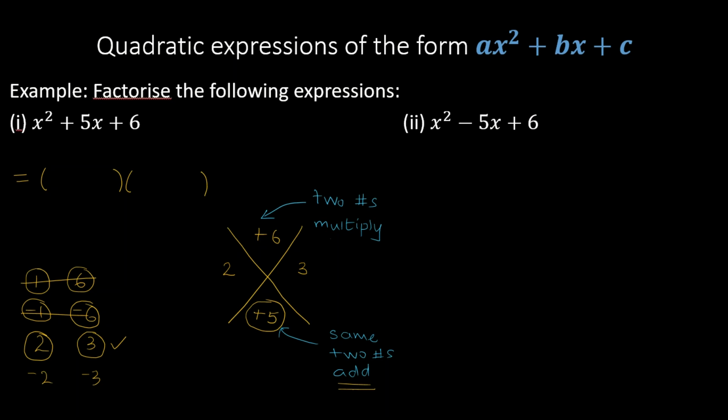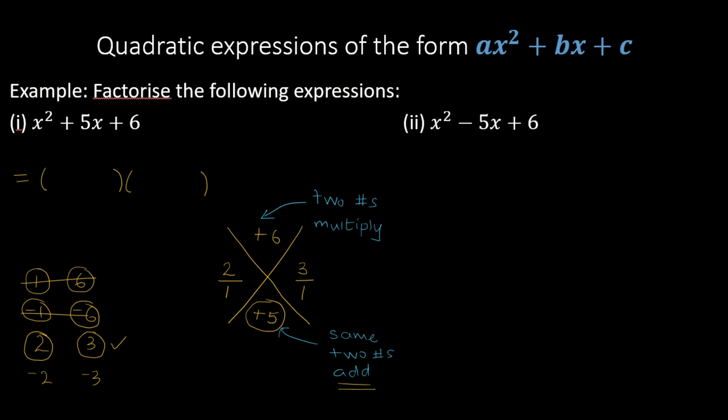Okay? Now let us go back with the given expression, x squared plus 5x plus 6. The leading coefficient is 1. So we divide 2 by the leading coefficient and we divide 3 by the leading coefficient.